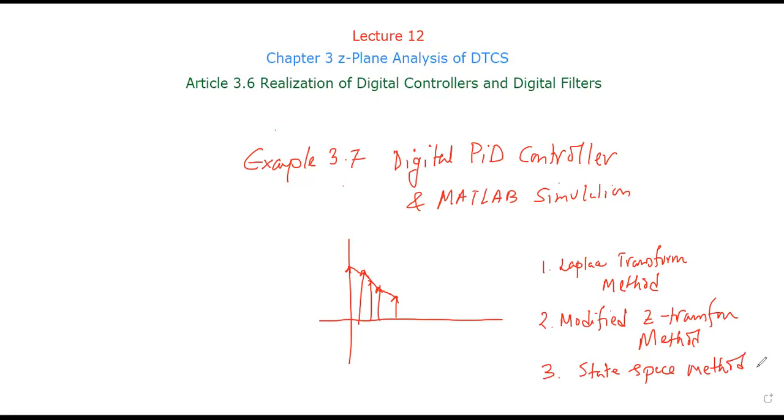So these are the three methods. A brief of the first one, that is the Laplace transform method, has actually been discussed. You can have a look at the other methods in your Appendix B if you're interested, but that is not part of our syllabus. So you're advised to look at that if you want.